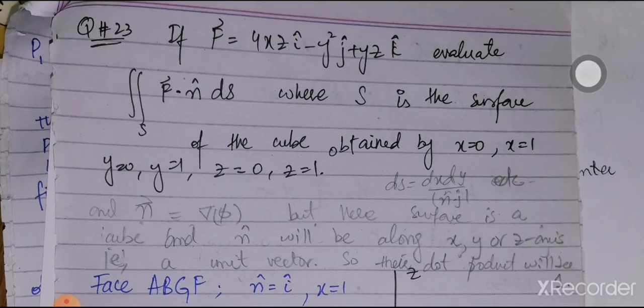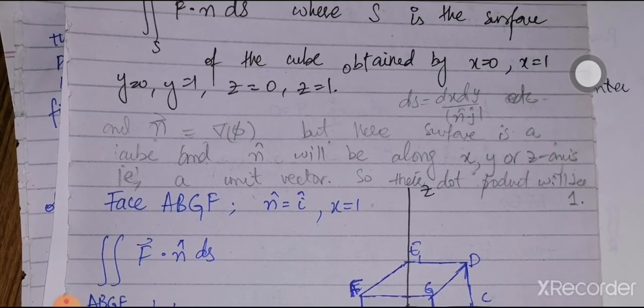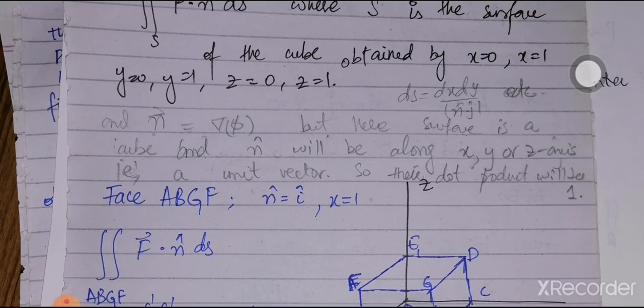You can see that we do not have any particular equation for the surface that we can draw, or from which we can find the gradient to get the unit normal. So in such a case the unit normal will be along some axis. It could be the positive x-axis or negative x-axis, positive y-axis or negative y-axis, or similarly positive z-axis or negative z-axis.